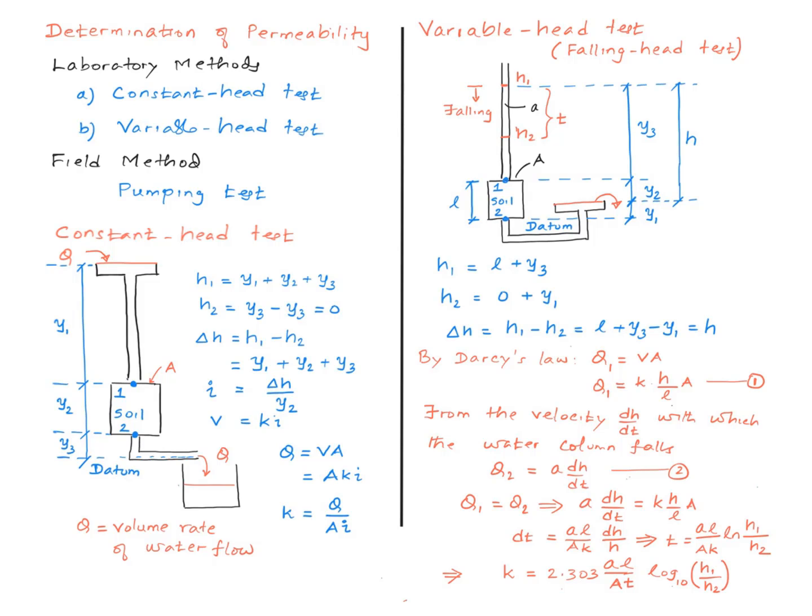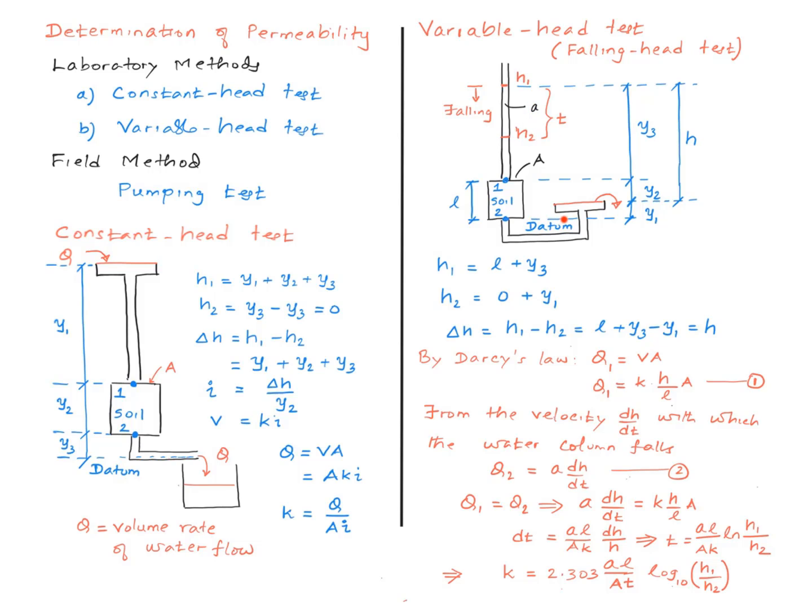Now on variable head test, which is also sometimes called falling head test, what you see in the picture here is a typical setup that is used in the laboratory. As the name implies, the head difference between points 1 and 2 is not a constant in this test. It is changing, it is variable.